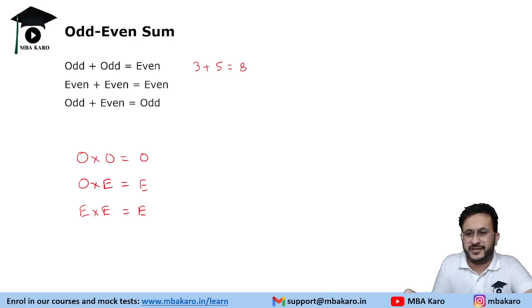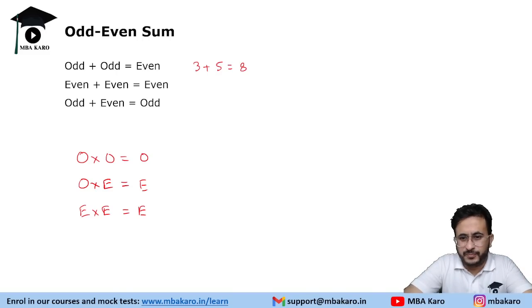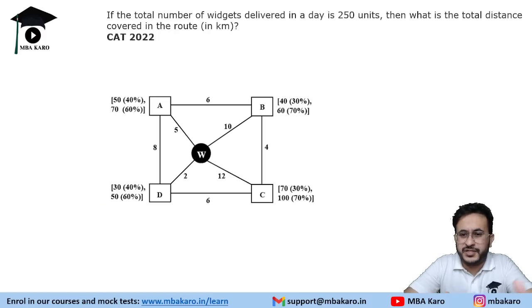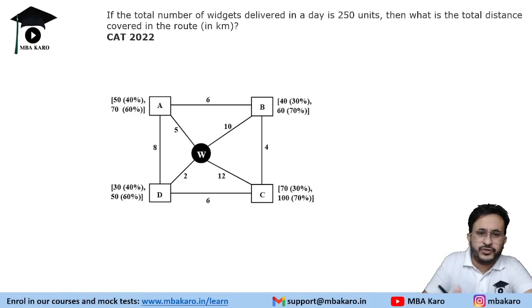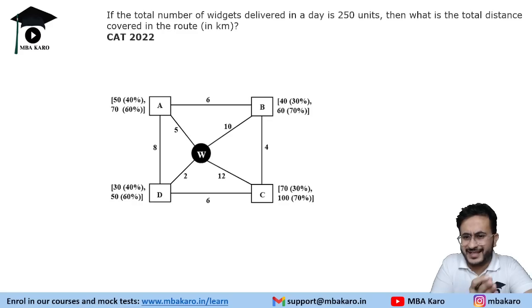Now, you must be wondering why this stupid thing to know, everyone knows that. But CAT DILR tests you on such things. Let us see how. Now, this was a question which was asked in CAT 2022, although I did not appear in this slot. But while solving this set, I was able to make these calculations very fast, right? You can check this set for the entire instructions and all.